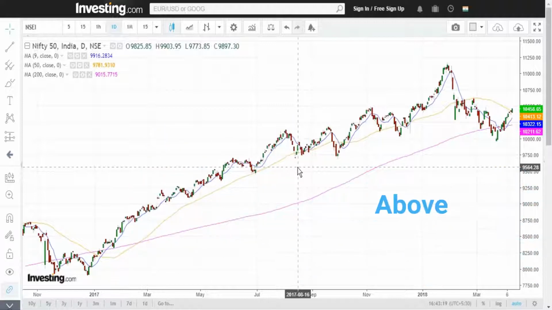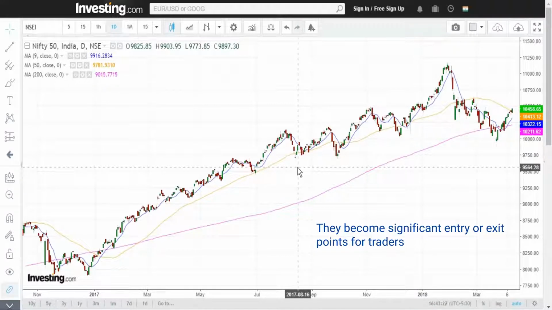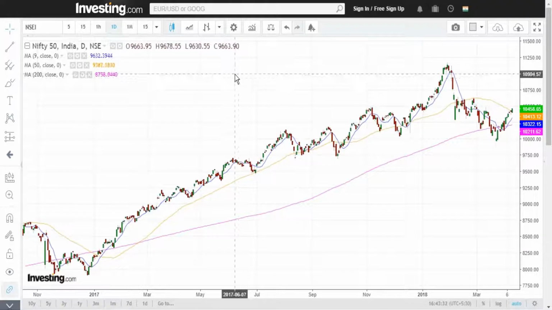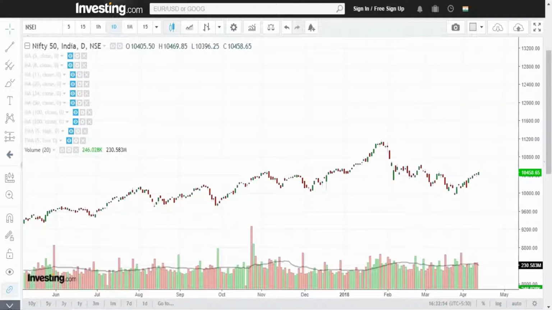Once price goes above or below them, or even breaks them or comes close to them, they become significant entry or exit points for traders. Now let us look at the moving averages that we talked about plotted in the chart.